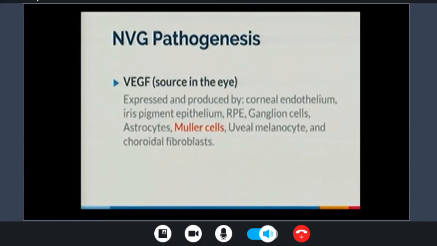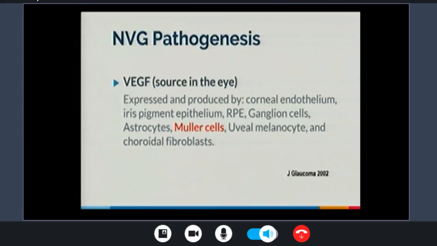So what is the source of vascular endothelial growth factor? It is secreted or produced by almost all the cells of the body, except probably the cells of the lens epithelium. So it is produced by many cells in the retina.